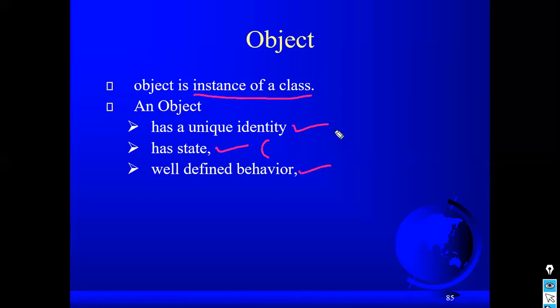State is specified by the variables, whereas behavior is defined by methods. And these variables or methods are shared to the objects with the help of a class. So an object is an instance of a class which has unique identity, state, and behavior.